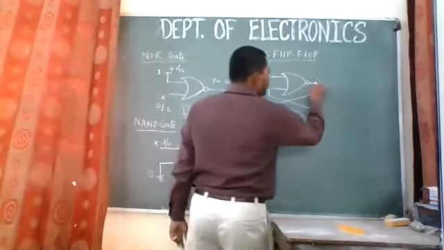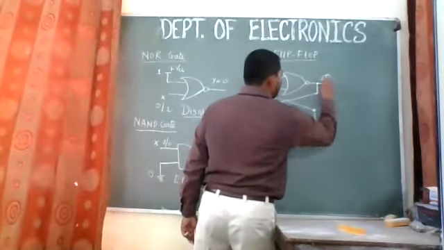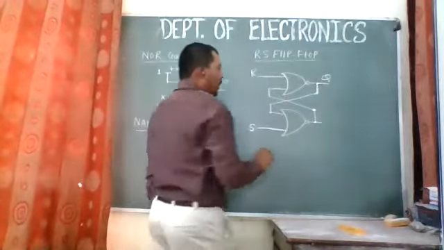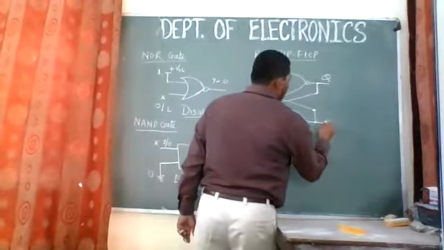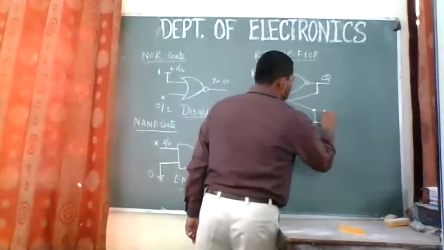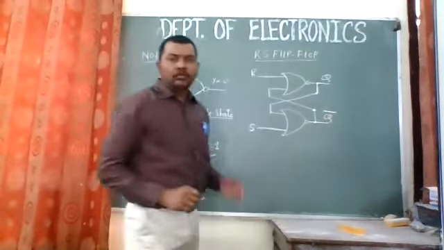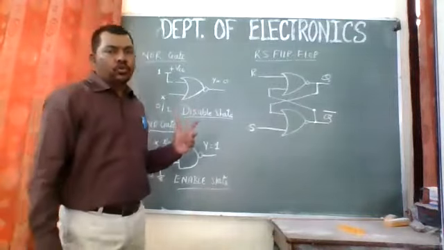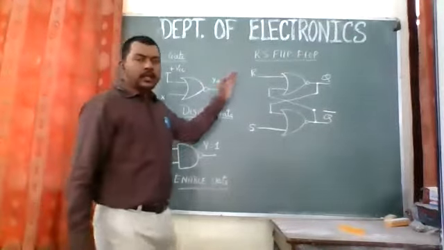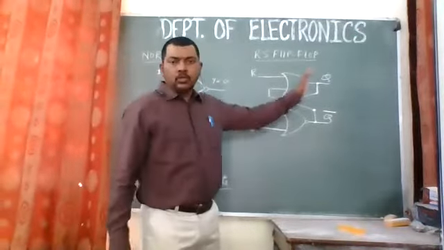And the output of the first NOR gate I am taking as Q, whereas the output of the second NOR gate I am putting as Q complement. So we have two outputs and two inputs: R, S, Q, and Q bar.